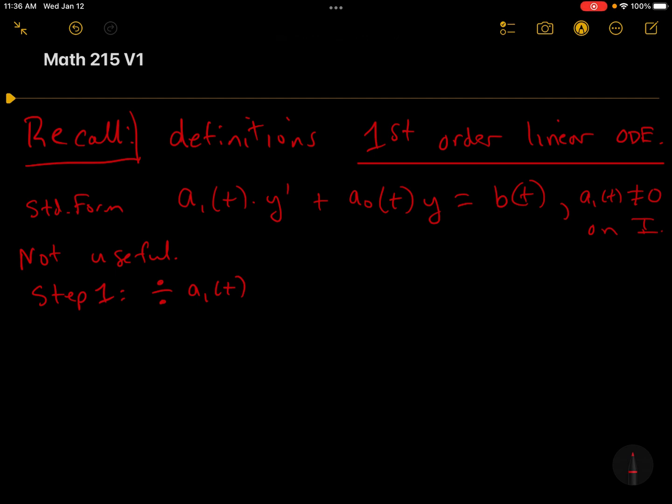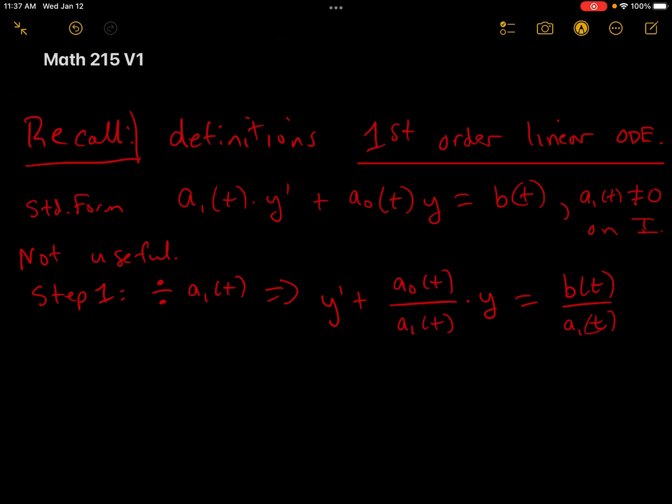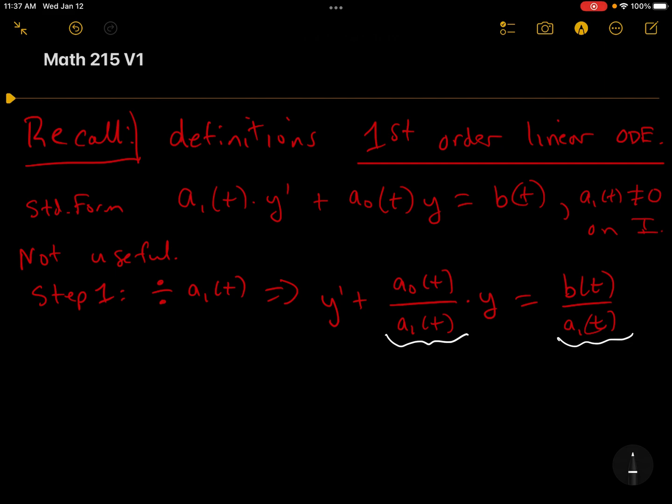Since it's non-zero, that division is legal, and what you wind up with is y prime plus the a0 function over the a1 function times y, equals the b function over the a1 function. Now it's important to note that this is just a new function of t, as is this. So we're going to rewrite these as p of t, and this as g of t.